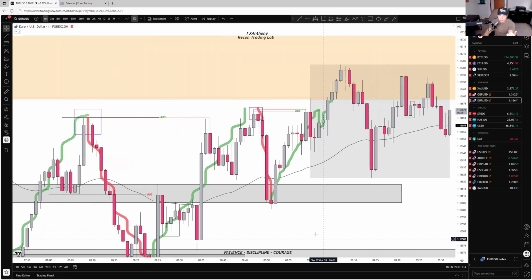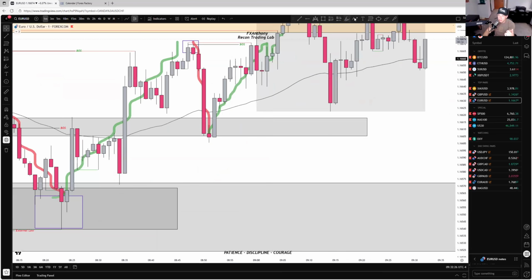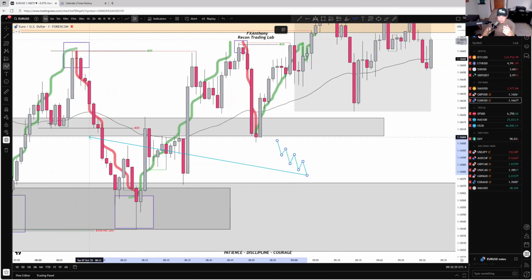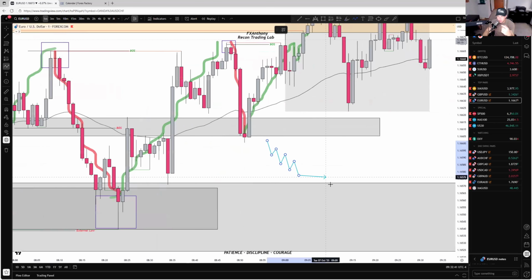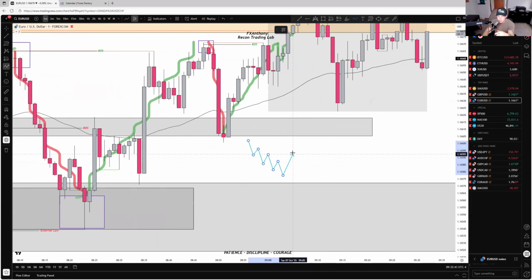You can't take a 1 minute entry, because what you want to see is, let's say we're going to draw from here to here, this is what you want to see. Price comes down and has structure to the downside, right? Small structure. And then as soon as it hits our original BOS, you want to see the rejection like this, which then creates, once again, our 1 minute inducement to our 1 minute bullish BOS.